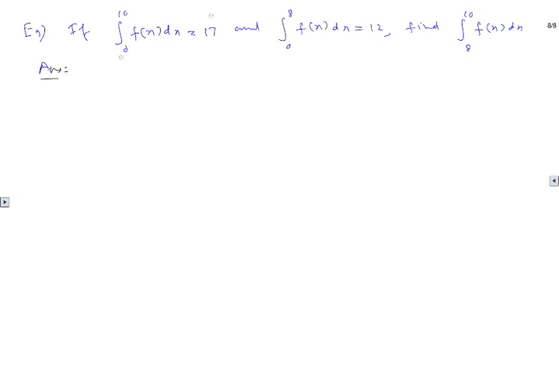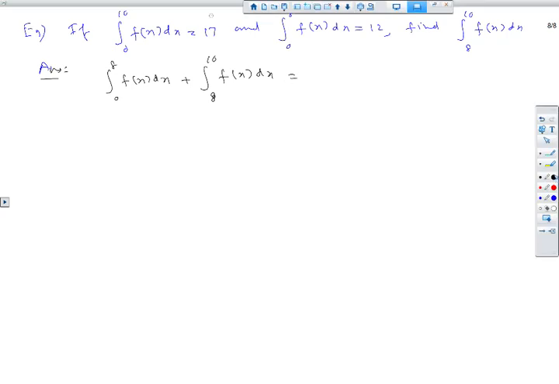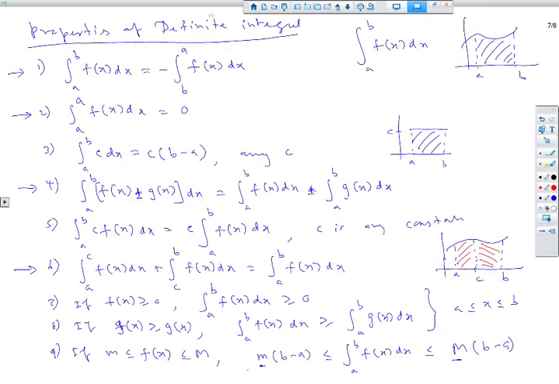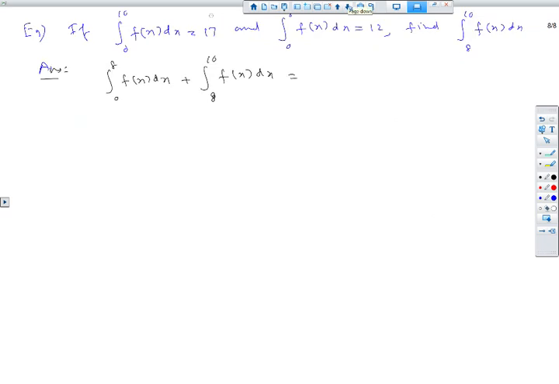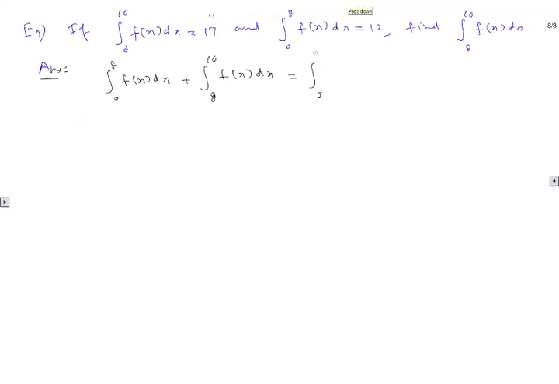We said that the integral from 0 to 8 of f(x) dx plus the integral from 8 to 10 of f(x) dx equals what? If you go back, number 6, a to c plus c to b equals a to b. So we can use that. So a to b plus b to c equals the integral from 0 to 10 of f(x) dx.